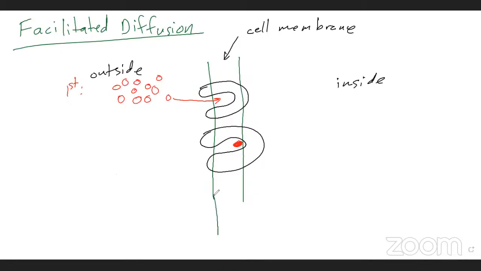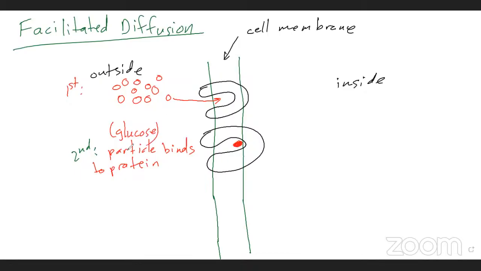Just draw this a little further down. So in this step, the particle binds to the protein. The particle could be glucose. For example, we're looking at the diffusion of glucose. Glucose will bind to the protein. Let's be specific on the exam: it binds to the carrier protein.